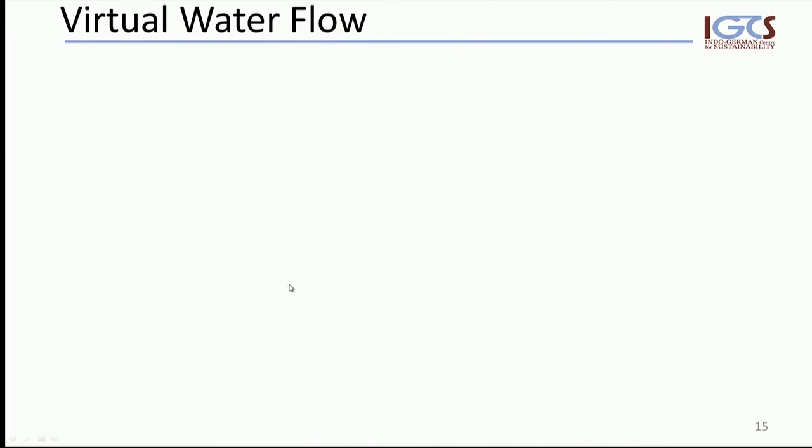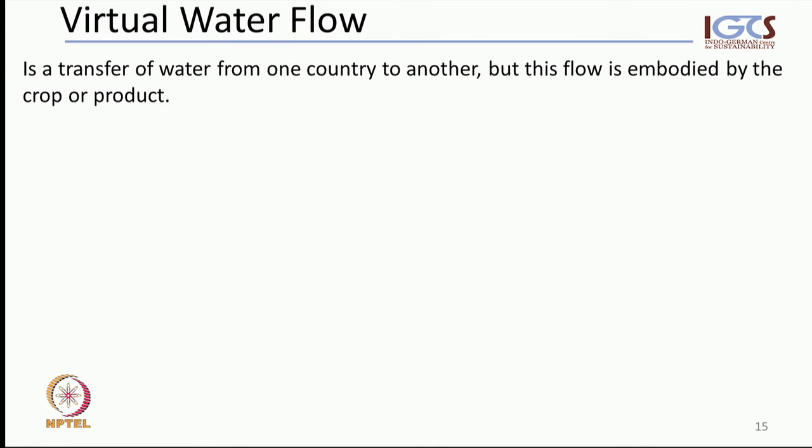Now, the virtual water flow concept can be applied in a different way, which can be quite useful, and I want to demonstrate it to you here. When we apply this to a transfer of water from one country to another, this is again virtual water, so water embodied in products.